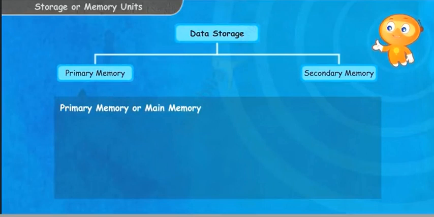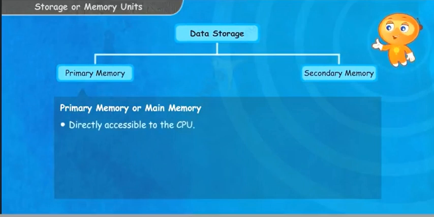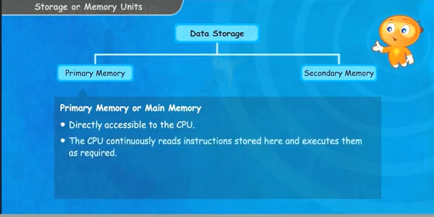Primary memory is otherwise called main memory. It is the only one directly accessible to the CPU. The CPU continuously reads instructions stored here and executes them as required.